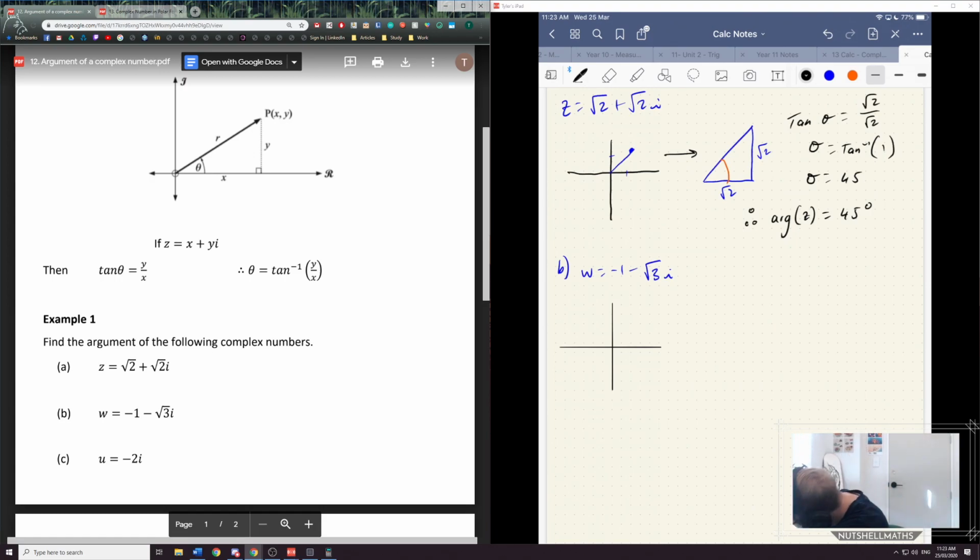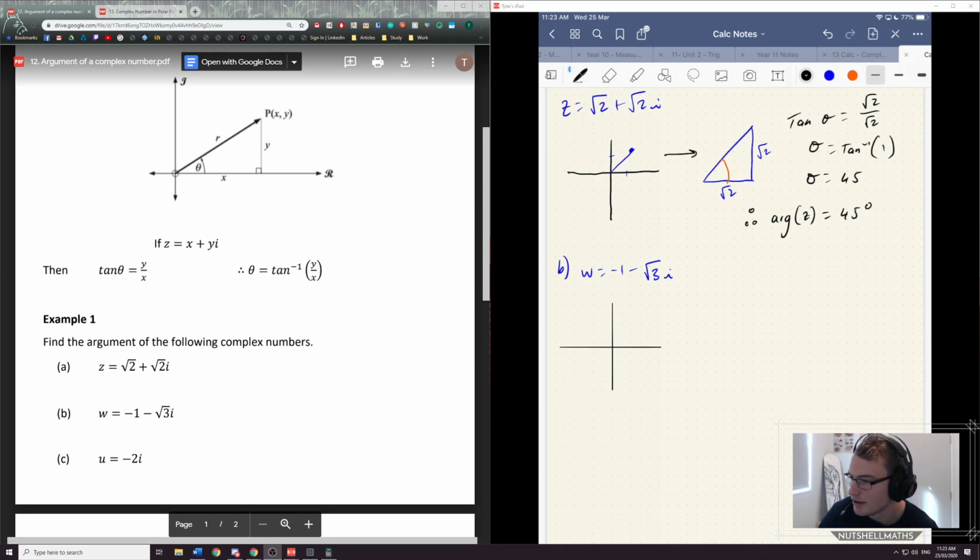It's also really warm. So far so good. Hopefully you've done it. Right, let's see who's done it. We're doing modulus, yes. No, not modulus, sorry. Yeah, argument.